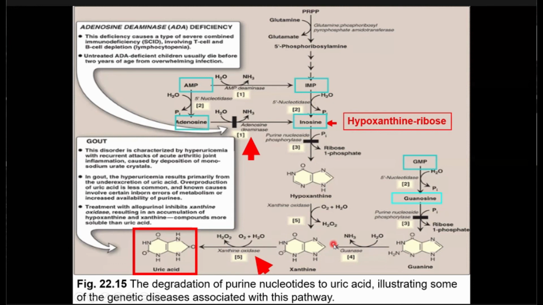No. What you need to know is just this last step: once you have the end products, which are IMP, inosine, and AMP, IMP, and GMP, these are our purines. All these will end up as xanthine.